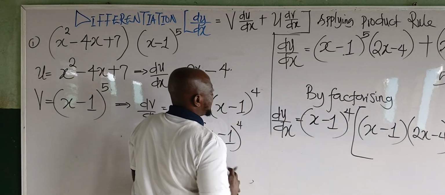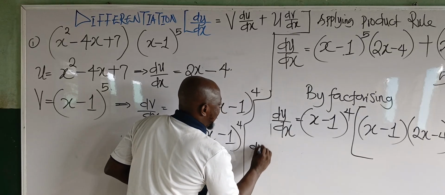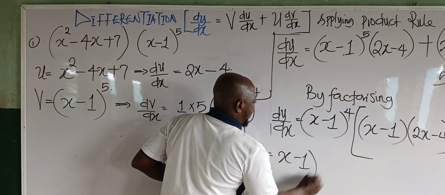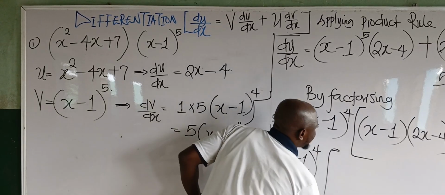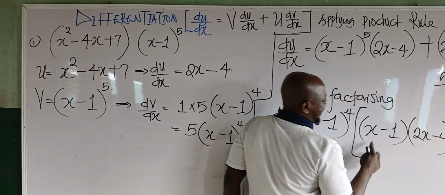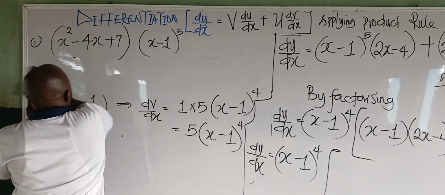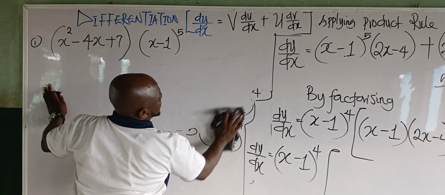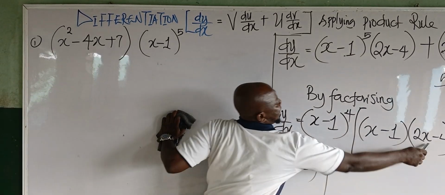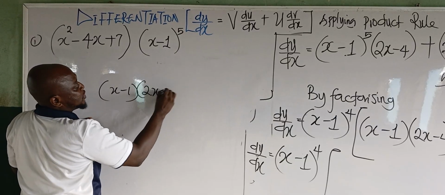So going further, what do I know? I know that my dy over dx here will give me, bring this down, x minus 1 all raised to the power of 4, then into bracket. Here, I will open the bracket, expand this and expand that. If you expand these two values, we are going to have x minus 1 times 2x minus 4.